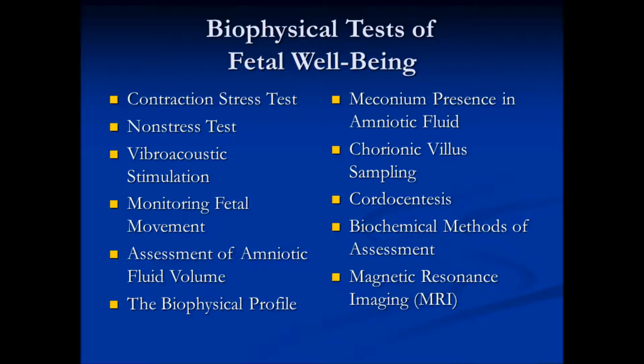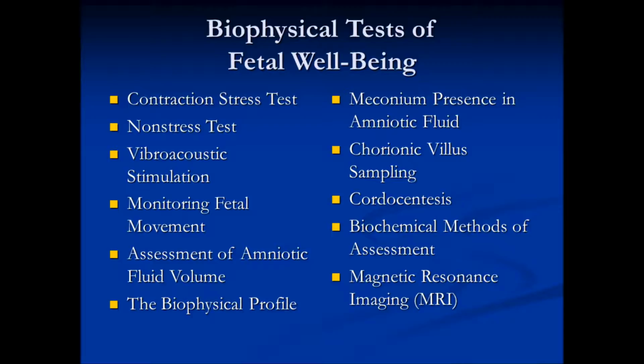Once you get that score, that will determine how well baby is doing. Each area is scored 0 or 1, depending on the finding, and then they modified it to be 0, 1, or 2. The biophysical profile is possibly the best overall method of fetal risk determination.